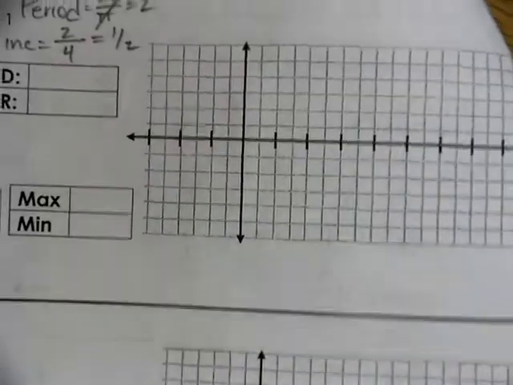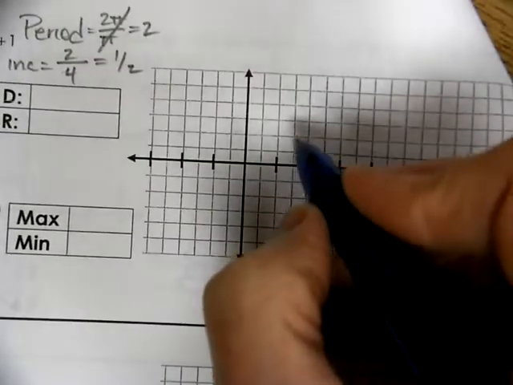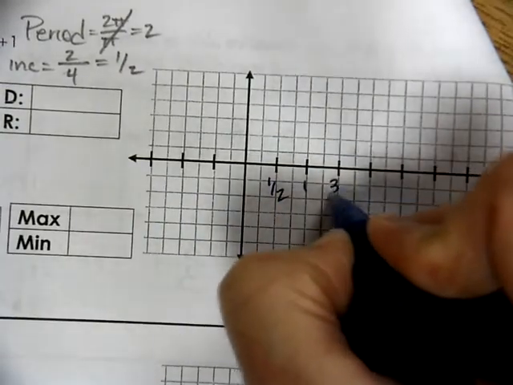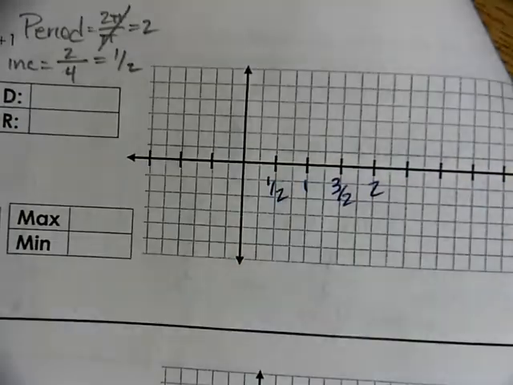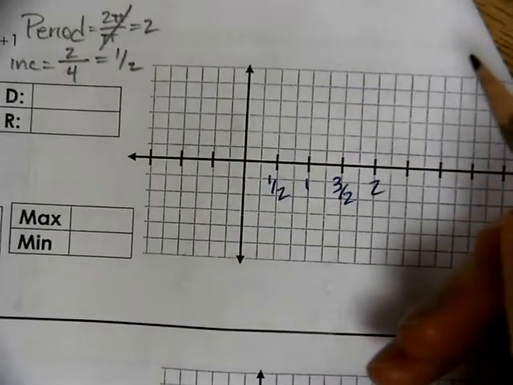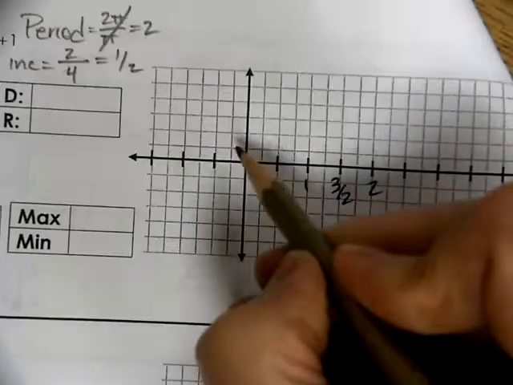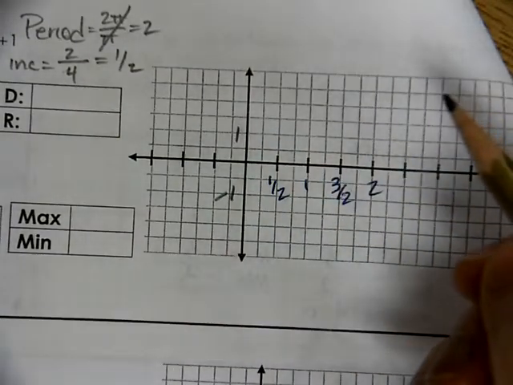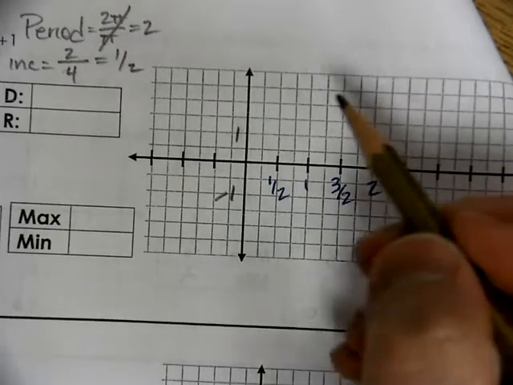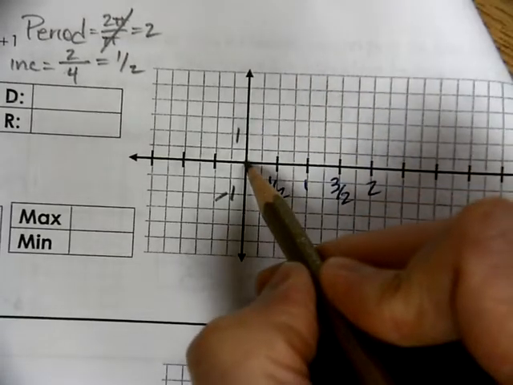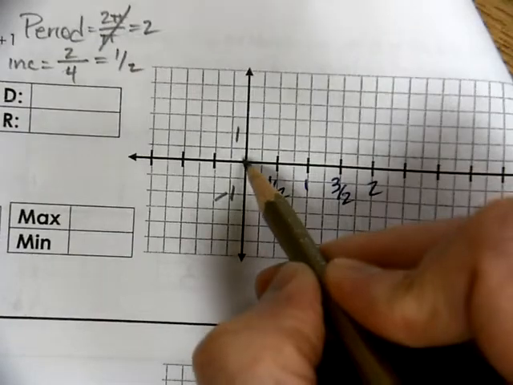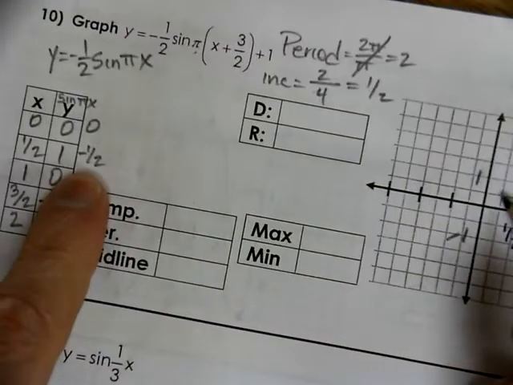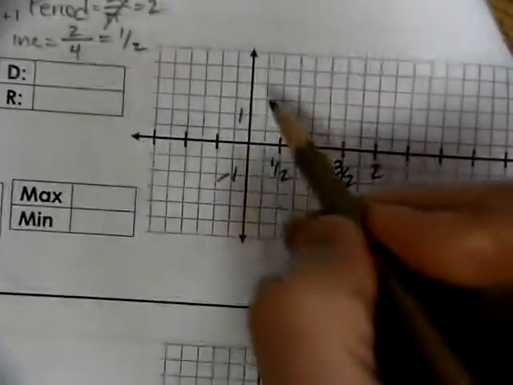We can come over and graph those. So we have 1/2, 1, 3 halves, 2. We call that 1, this -1. So the sine would typically start at 0 and then go up to 1, but now we're going to do half of that and it's a reflection.